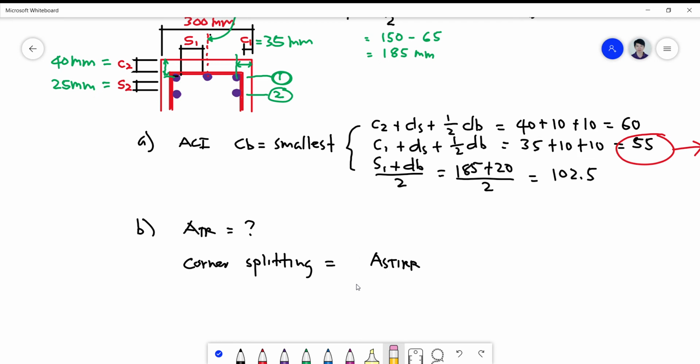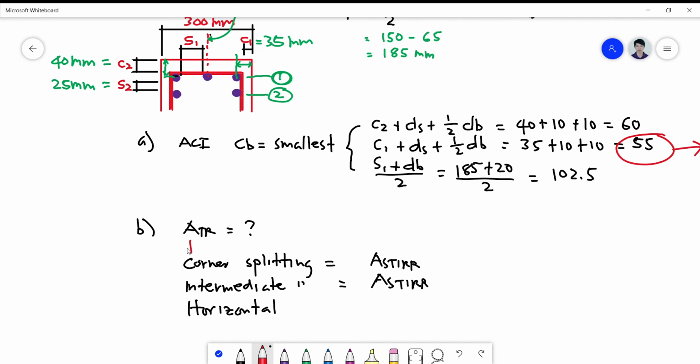So you can simply remove that to that. And then for intermediate, also, this is the area equal to the area of the stirrup. So it is in the horizontal splitting failure that the area of the transverse reinforcement is actually changing.